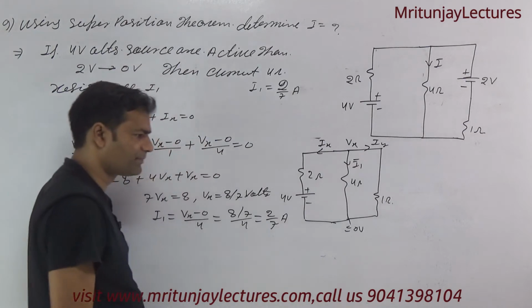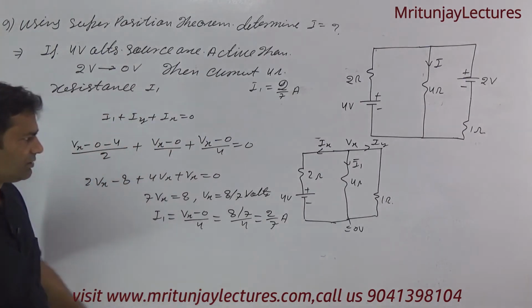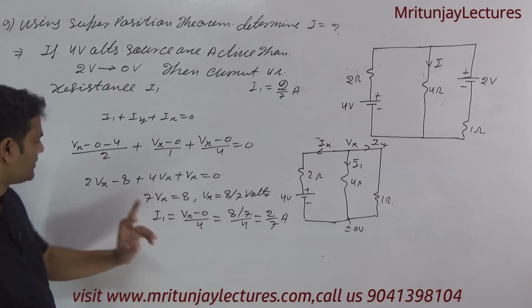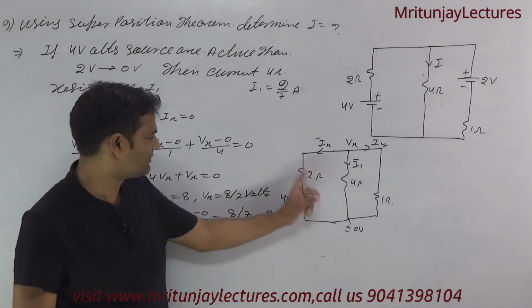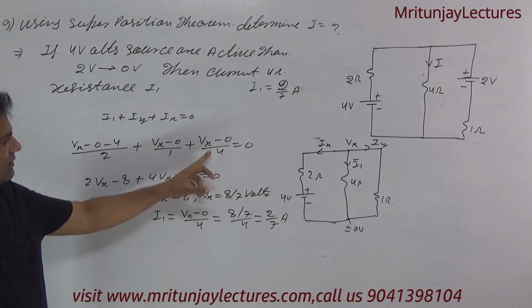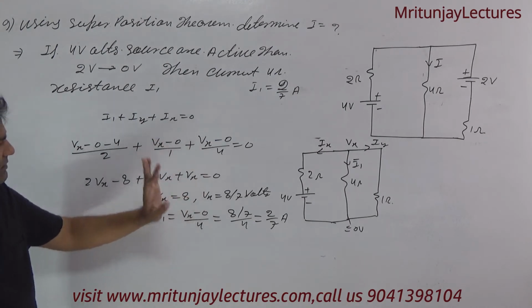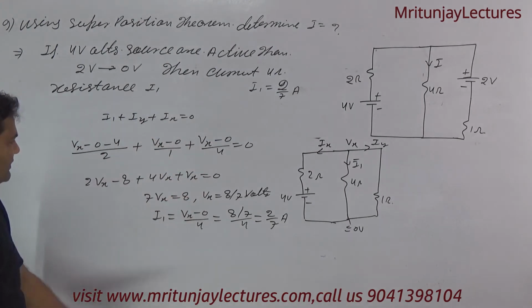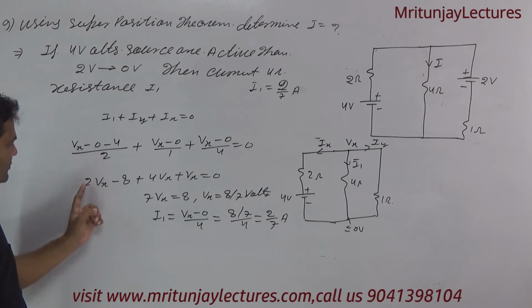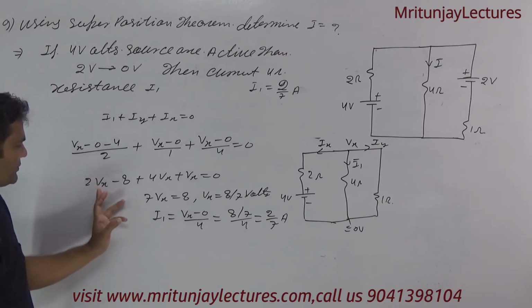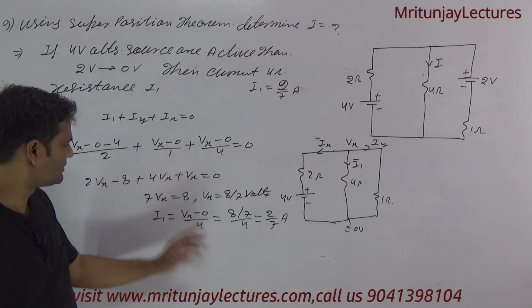Method is clear. What about procedure? Clear? Vx equals Vx minus 4 divided by 2, Vx by 0, Vx by 1 and Vx by 4. Finally multiply by 2, then we get 4 by 2, so 2 into 8, so 2 plus 4, 6 plus 7.